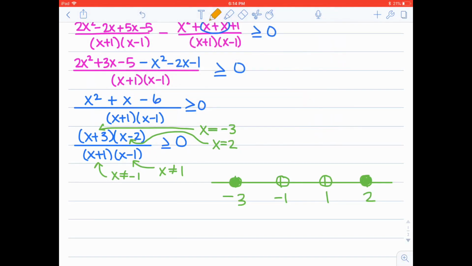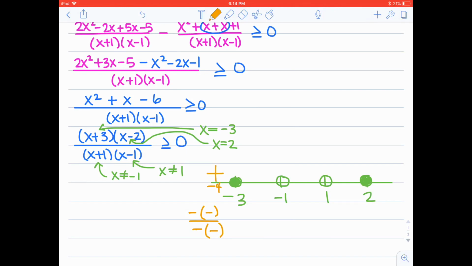Something to the left of negative 3 would be like negative 4, and I'm plugging it in right here. Negative 4 plus 3 is negative, negative 4 minus 2 is negative, negative 4 plus 1 is negative, and negative 4 minus 1 is also negative. So I get a negative times a negative divided by a negative times a negative, and overall that's going to be positive.